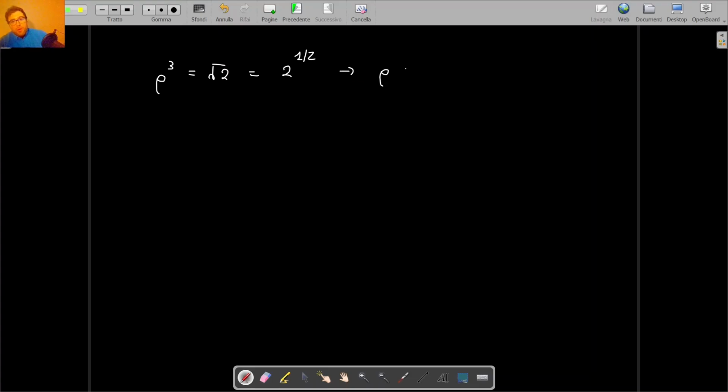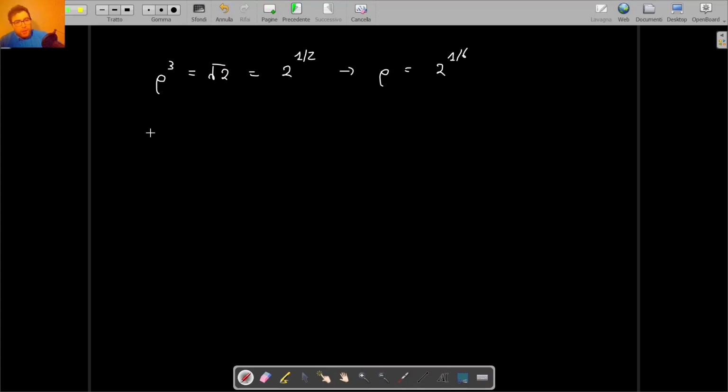Then rho is equal to 2 raised to 1 over 6, because we have to take the third root of both sides.